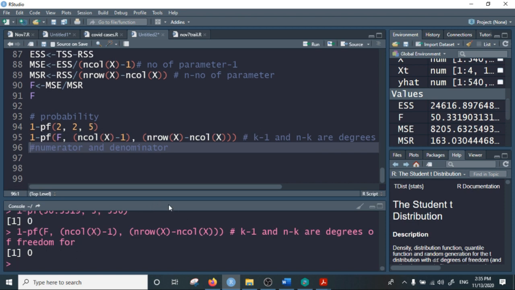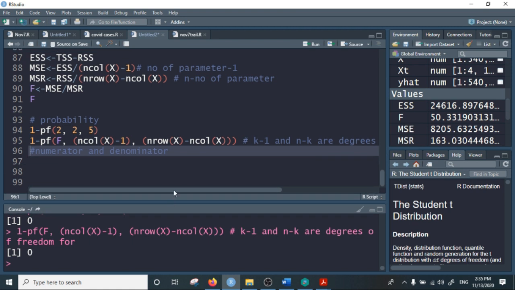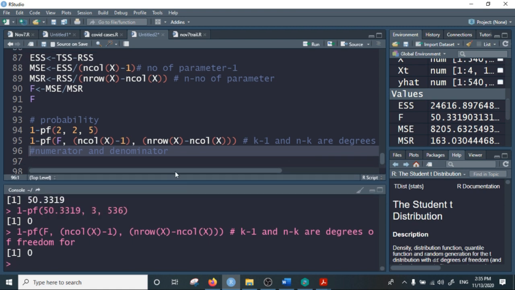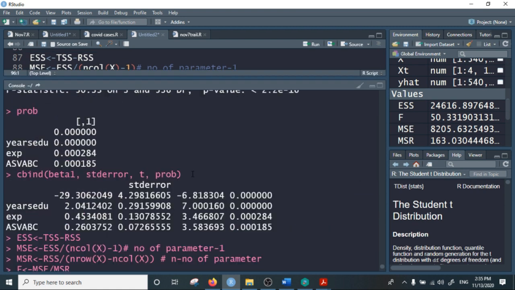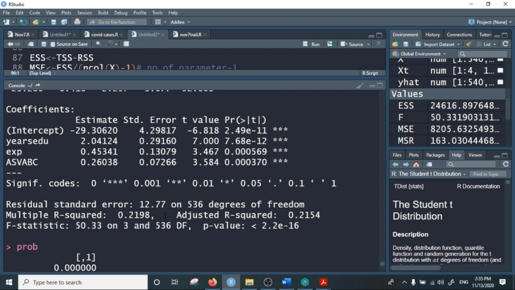So now we can compare the F value and its probability with the results from the inbuilt function. So the F statistic from the inbuilt function is 50.33, which is the same as our results, and the degree of freedom for the numerator is 3 and the degree of freedom for the denominator is 536, as I just said, and the probability value is almost 0.